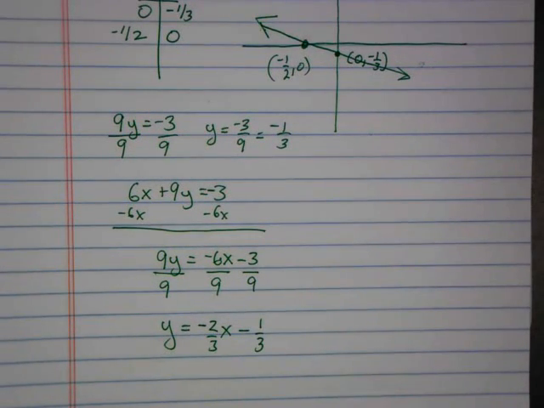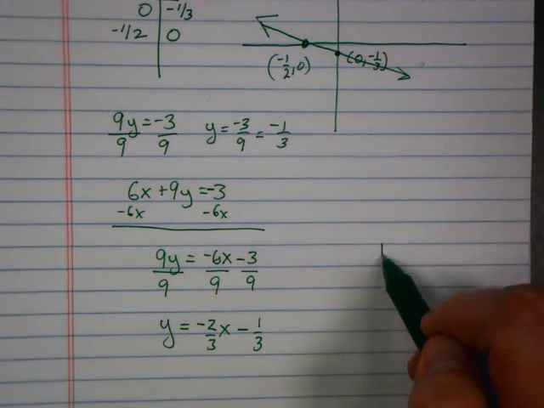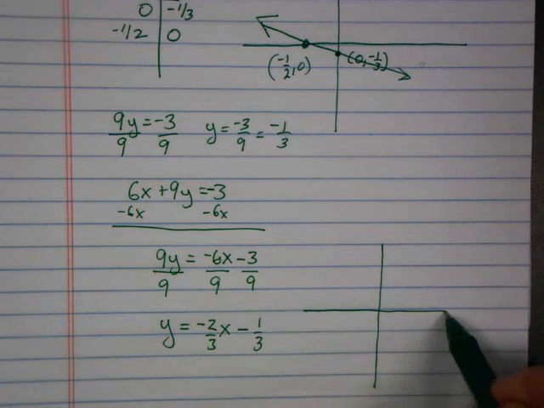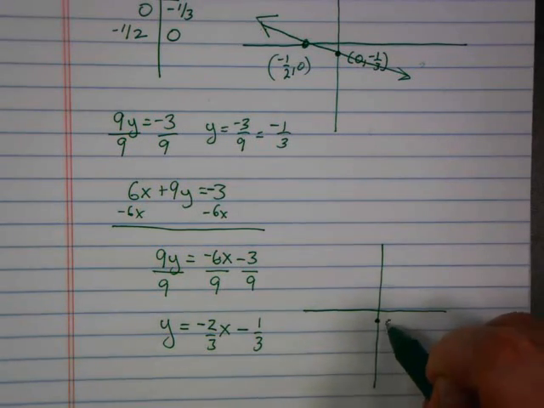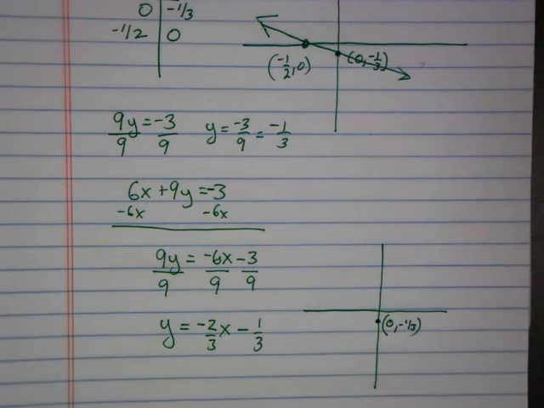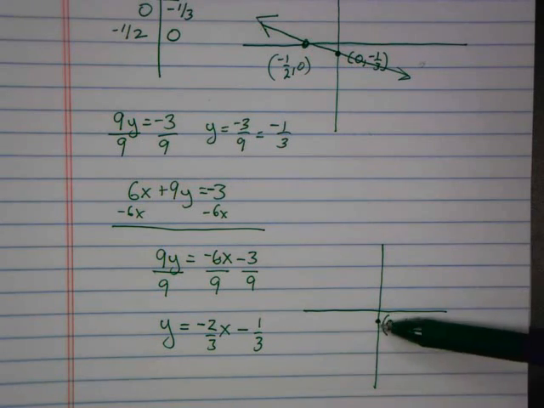This would be a pain in the neck. Because if I go to graph this, where's the y-intercept? 0, negative 1/3. There it is. Now I have to use my slope. My slope tells me go down 2 over 3. So I got to start at negative 1/3 and go down 2.